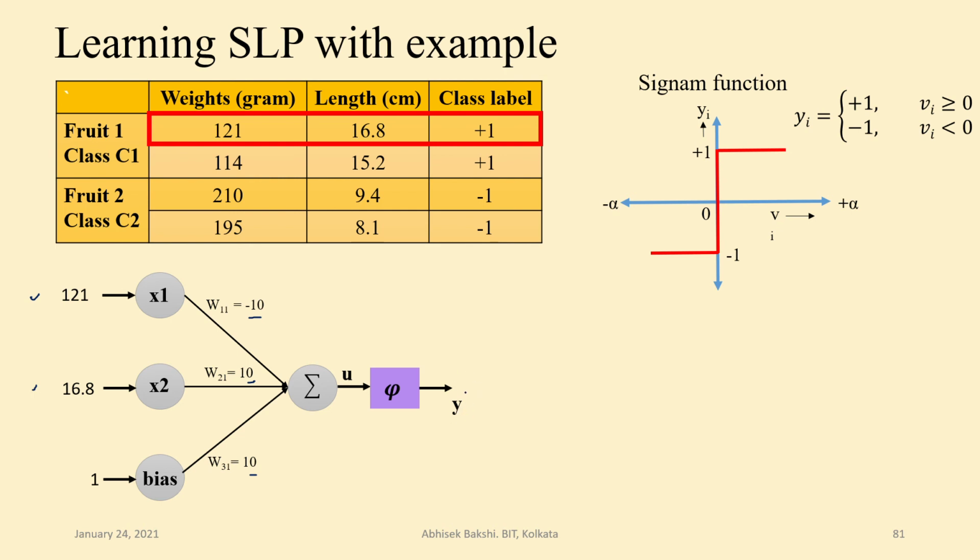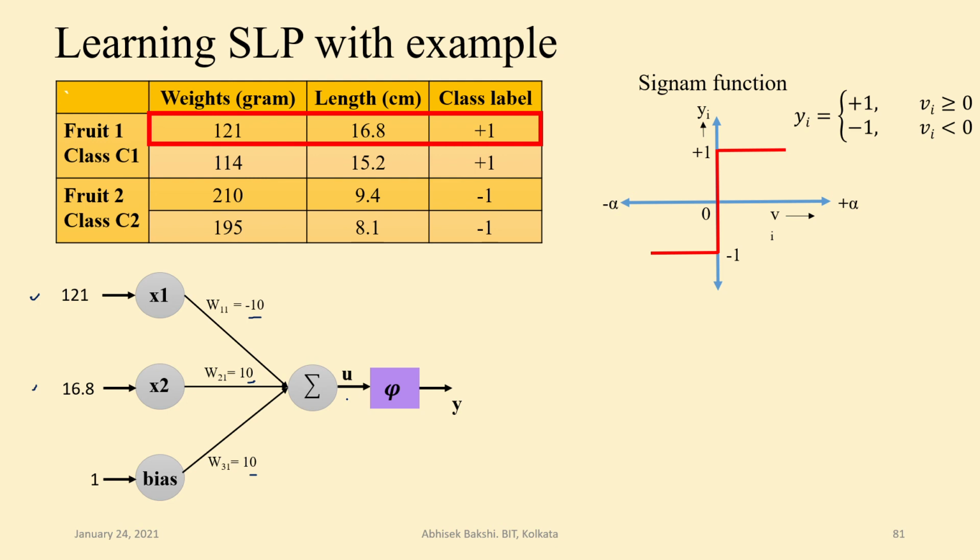But before that, it should go through this summation unit that will sum over xi and wi1, and then we apply the activation function and get the output.